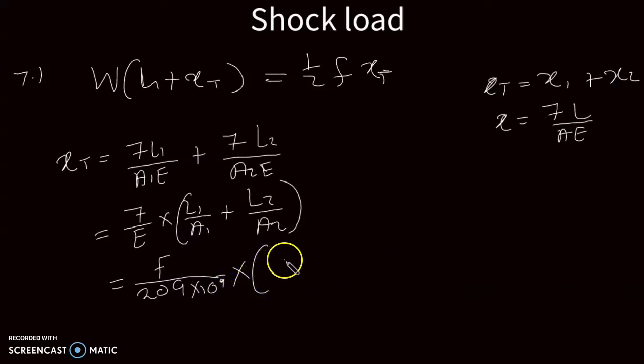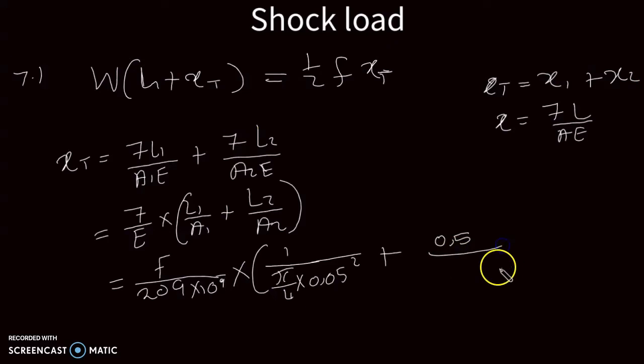In bracket, what is length number 1? It's 1, divided by the area, which is pi divided by 4 times 0.05 squared, plus 0.5 rather, which will be the length number 2, divided by the area, which is pi divided by 4 times 0.03 squared, close the bracket.